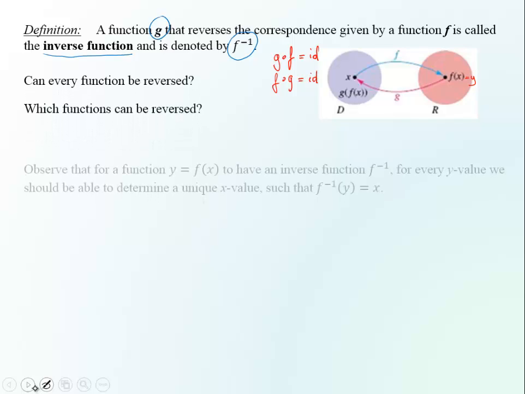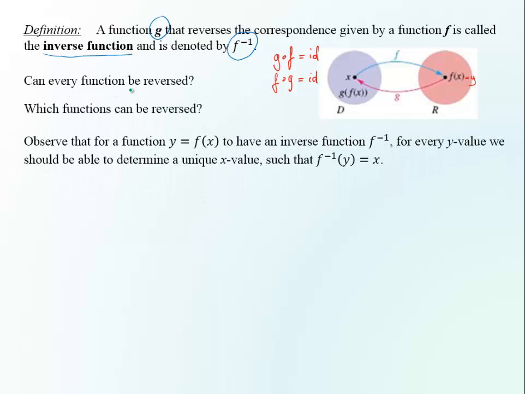Can every function be reversed? We already saw the example with x squared that we couldn't reverse because square root can't be applied to negative numbers. So no, not every function can be reversed. Which functions can be reversed then? Well, let's analyze the situation. If we have a function f that transports x into y, and if this function has an inverse f to the negative 1, then f to the negative 1 must be a function.